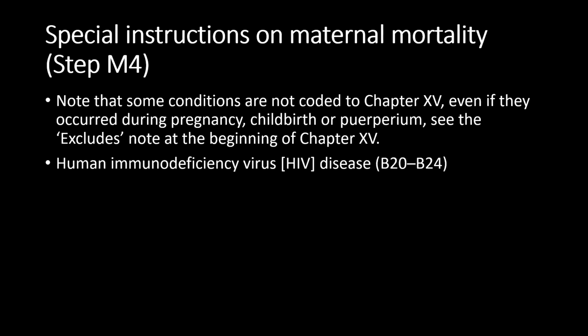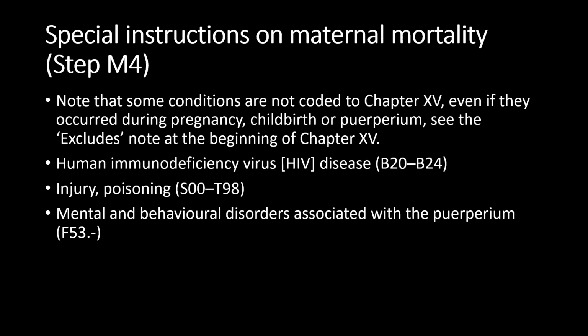Some examples are human immunodeficiency virus disease, which is coded to B20 to B24, injuries and poisoning coded to S00 to T98, mental and behavioral disorders associated with the puerperium coded to F53, and obstetrical tetanus, which is coded to A34. These conditions are not coded to Chapter 15.